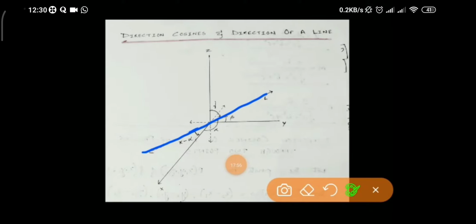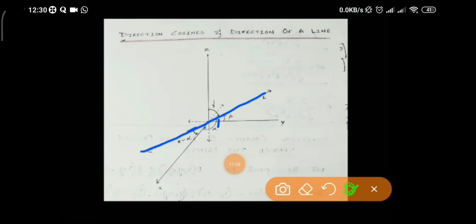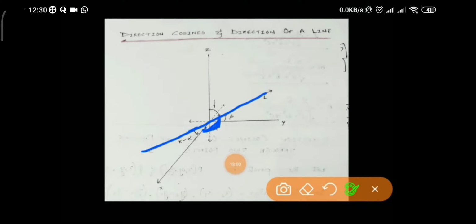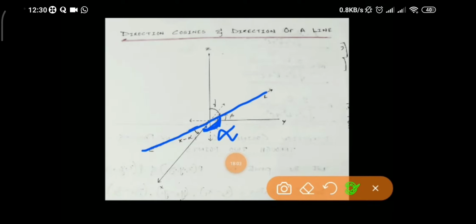Now if I say this angle is alpha, and this line is making 180 degrees, so obviously this angle will be 180 minus alpha. Don't get confused, just see the line nicely: this angle is alpha, so this angle will be pi minus alpha.